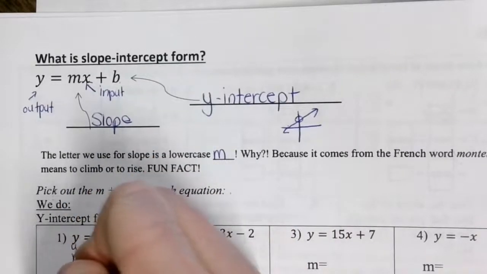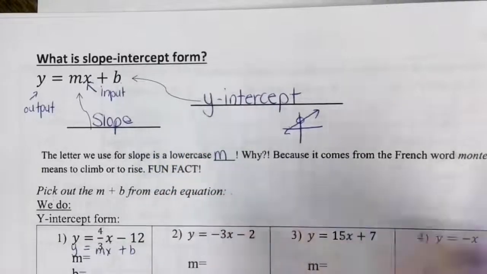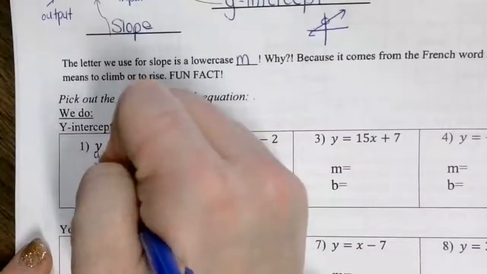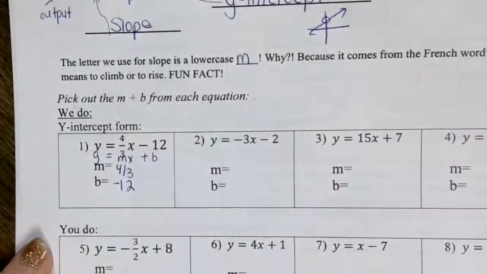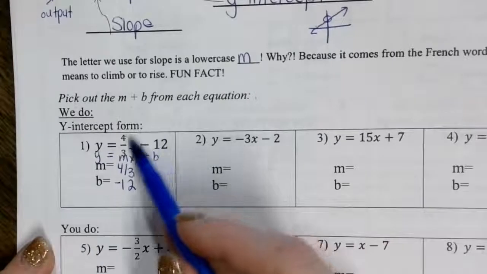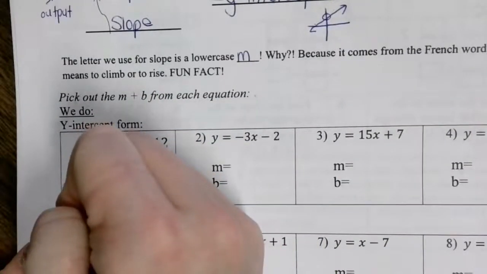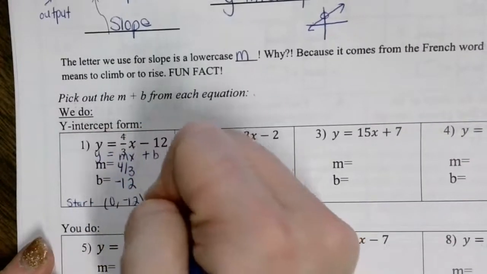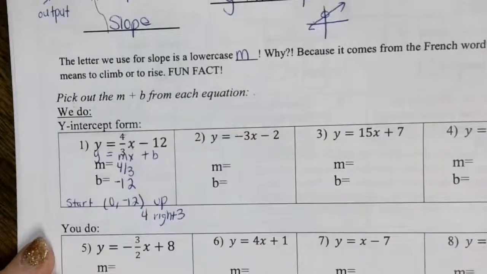I'm going to write my slope-intercept form underneath it just so it's easy for me to see. 4/3 is next to the x, so that's my slope. And my y-intercept is -12. What this tells me is if I wanted to graph this equation, I would start at 0, -12, and then I would go up 4, right 3, and that's how I would graph that line.